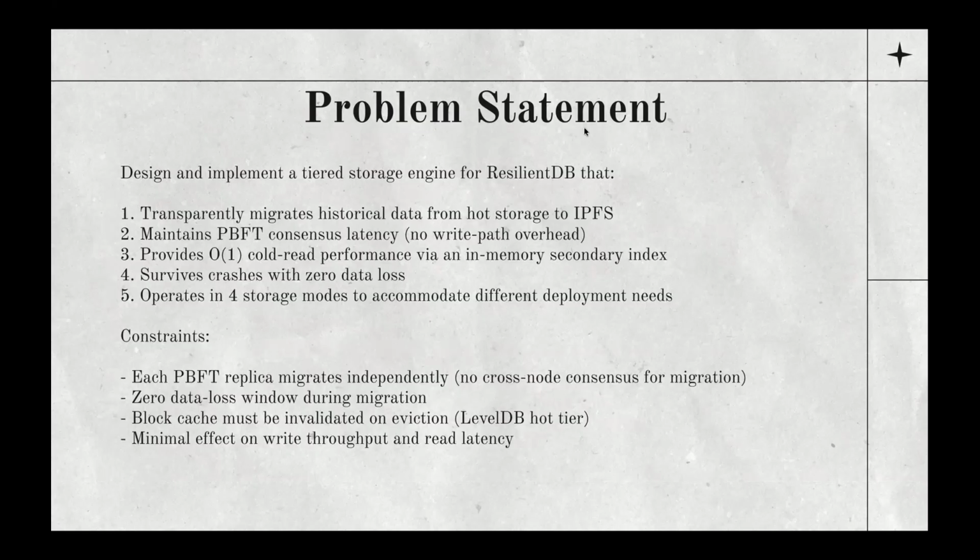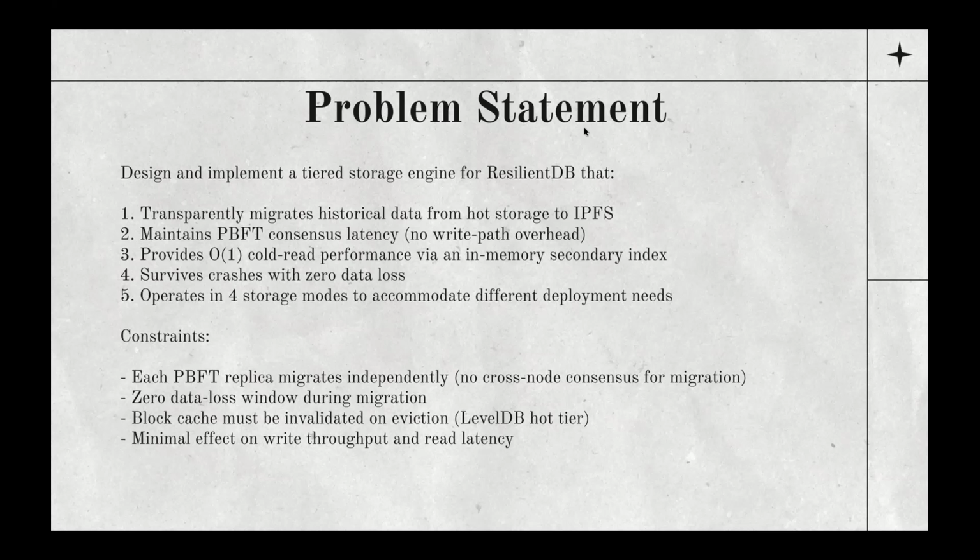And IPFS, I would call the cold tier or the cold storage. This would be completely transparent to the existing PBFT write path, with no effect on the consensus or the write path latency, no added latency. At the same time, the cold reads need to be fast, and the system must survive crashes without losing any data.